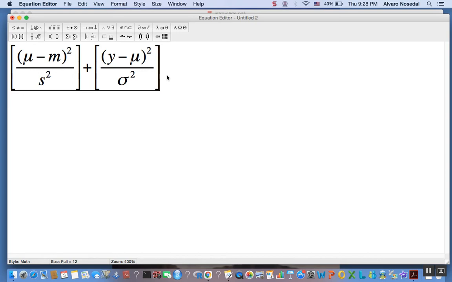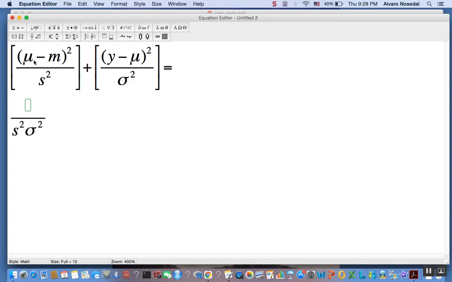So, first, note that a common denominator, right, would be s squared times sigma squared. Okay? So let's do that. s squared times sigma squared would be a common denominator.